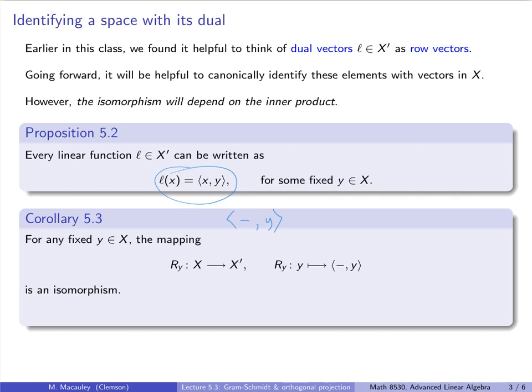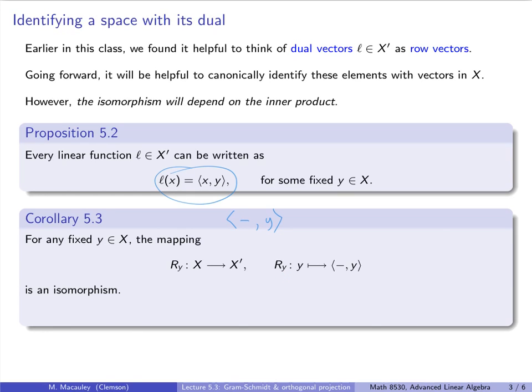This is what we get by fixing y, and the blank refers to the variable that we are plugging in. And I'm going to call this r y. I don't know if this is standard. My choice of r is because I'm putting y in the rightmost coordinate. You could also call it L y because the left coordinate is the thing that you are plugging into. Again, I don't think there's a standard for this.